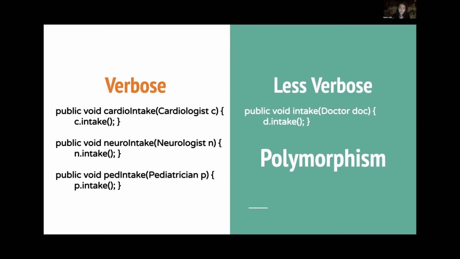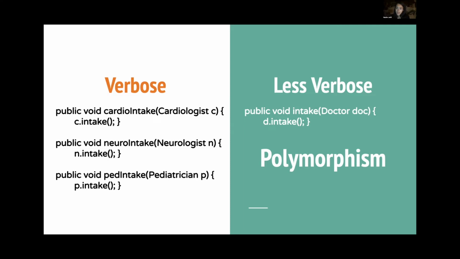Let's say that within my intake exam function on the left in the verbose version, I want everybody to do something such as call in an assistant. Then I would have to go into every single one of these methods and add that in to all of them. Now, let's look at the right side. The right side is a lot less verbose.